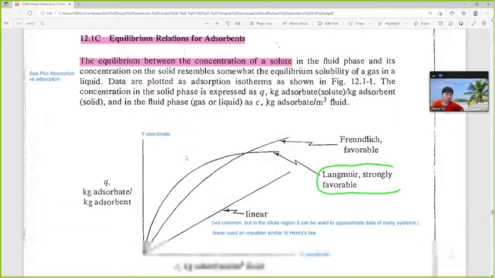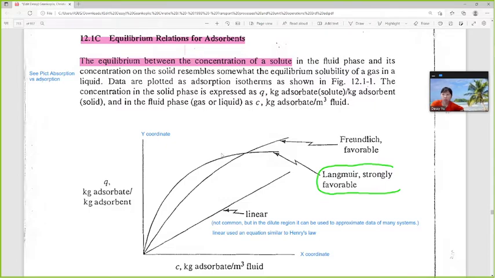Okay, next, 12.1c, equilibrium relation for absorbance. The equilibrium between the concentration of solute in the fluid phase and its concentration on the solid resembles somewhat the equilibrium solubility of gas in a liquid.